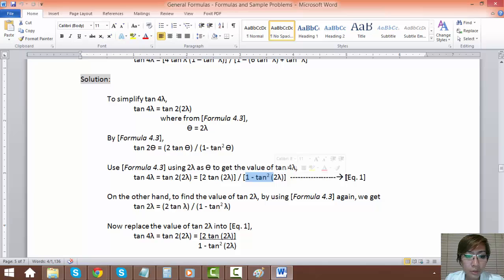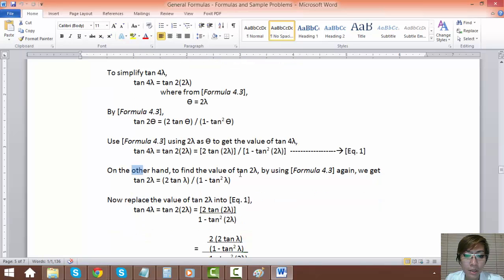On the other hand, to find the value of tangent 2 lambda, since it is also a double angle with 2 times lambda, by using again formula 4.3, we get theta now as lambda, so tangent 2 lambda is equal to 2 tangent lambda over 1 minus tangent squared lambda.